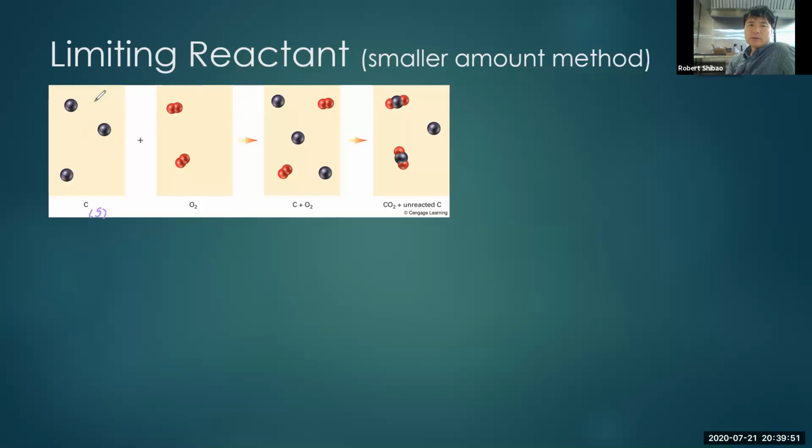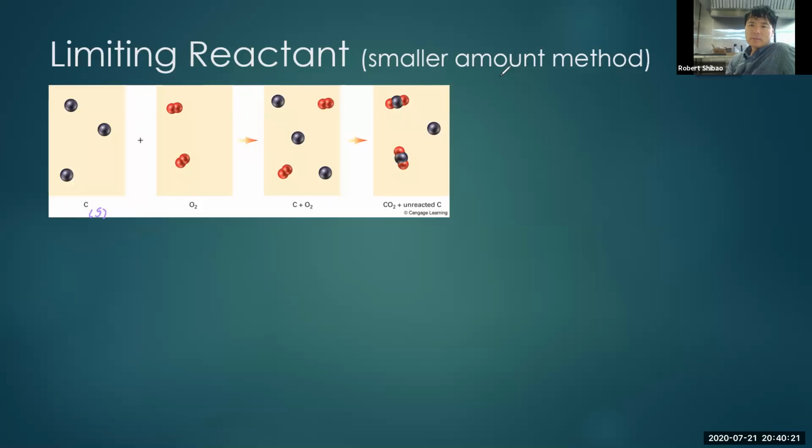The smaller amount method would calculate, if I had 3 carbons, how many CO2 should I get? Well, if I have 3 carbons, I should get 3 CO2s because each CO2 has 1 carbon. And then we look at, if I had 2 oxygens, how many CO2s would we get? Well, with 2 oxygens, I could only form 2 CO2s. And so we pick the smaller amount. The oxygen is a smaller amount. We don't have enough. Therefore, I'm only going to get 2 CO2s.